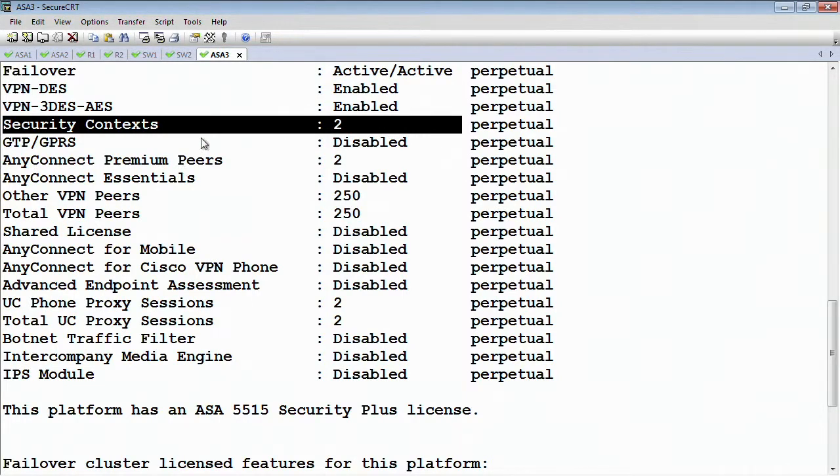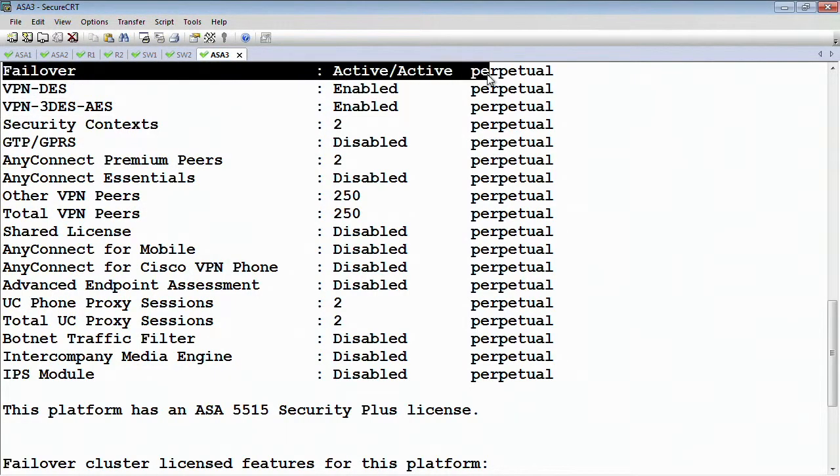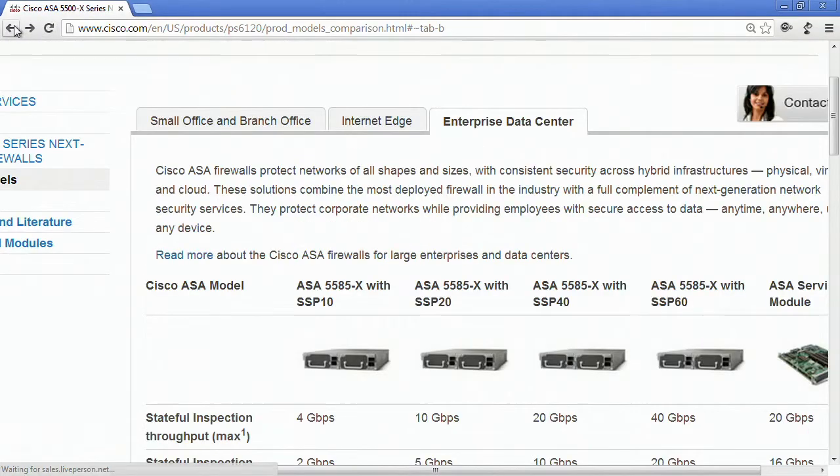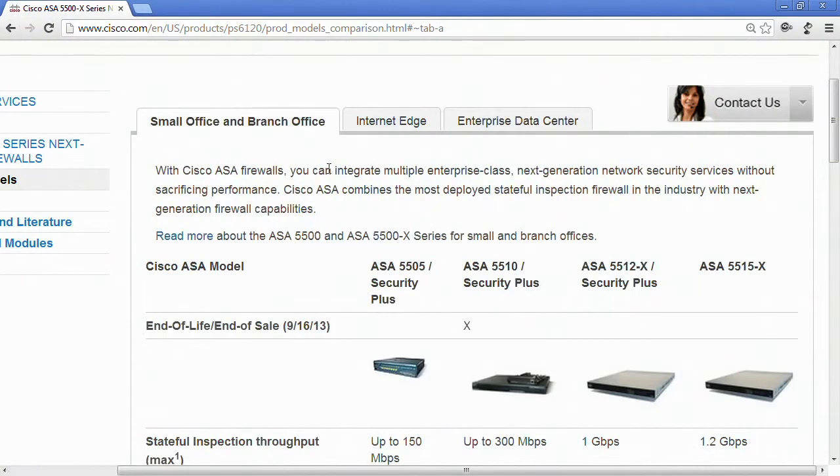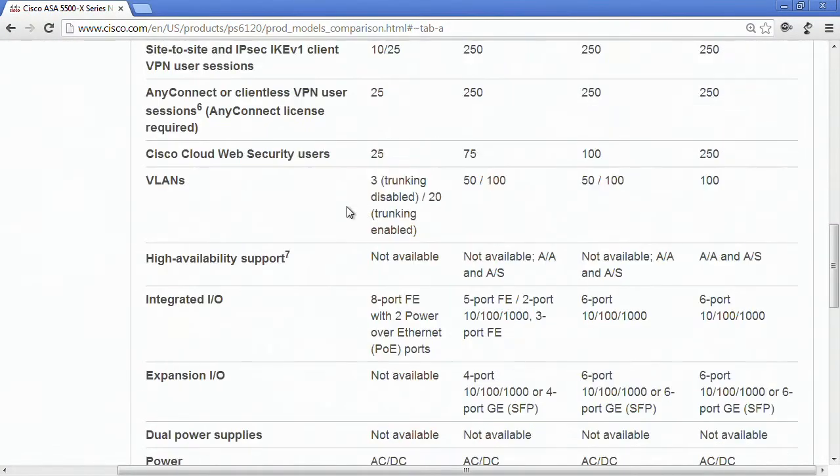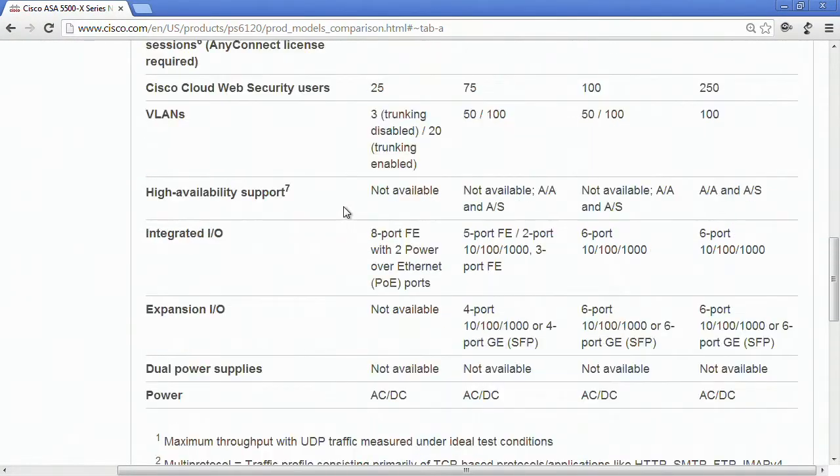The reason that it's important to talk about the number of contexts is that it has to do with failover, and you'll see that's one of the features it talks about here in the data sheet. If we look at the small and branch offices, some of these support only active-standby failover, not active-active, which means that you have a pair of firewalls, and the question is, are both of them forwarding at the same time, or is only one of them forwarding?